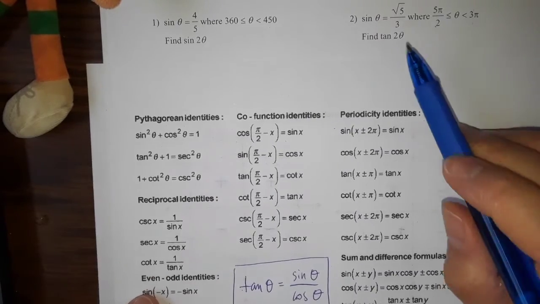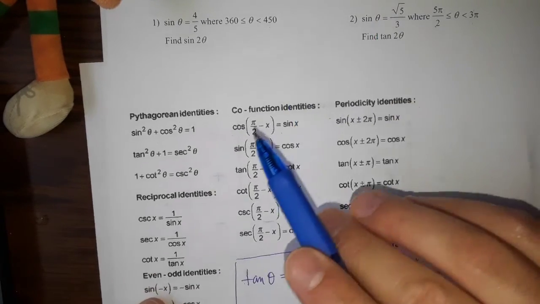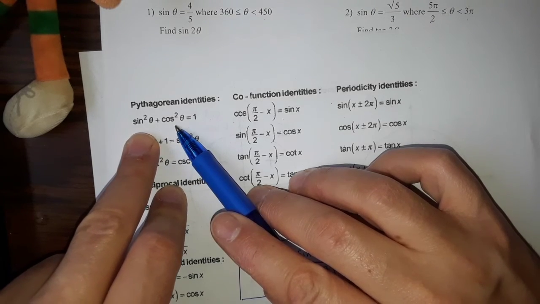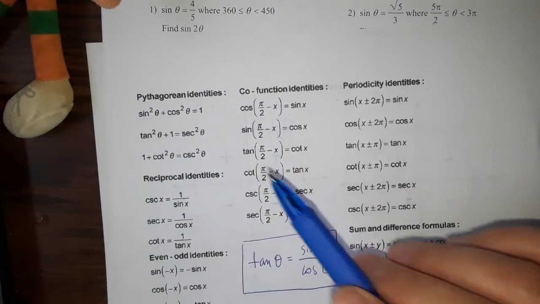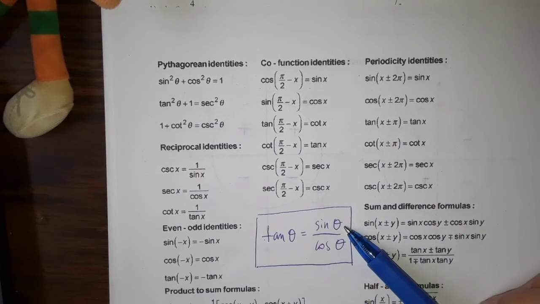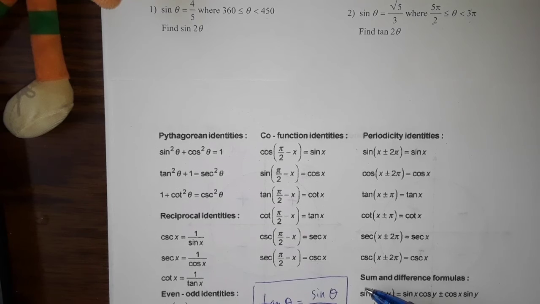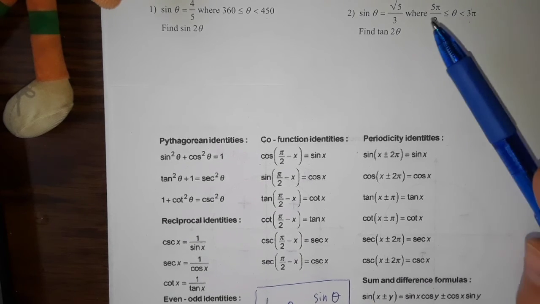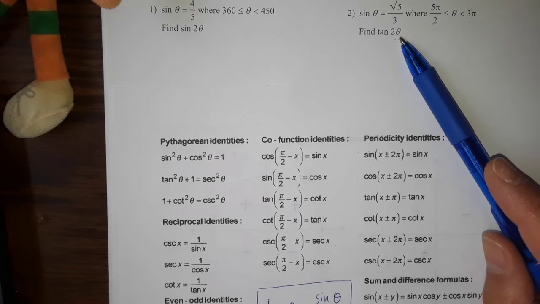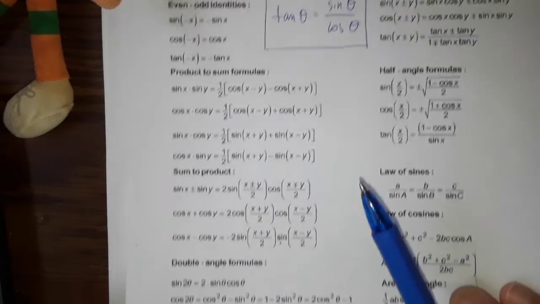Again, here we have sine of theta. Using this one here, we can find cosine of theta the way we did in the previous problem. And then having sine and cosine, you can find tangent using this equation. Once you have tangent, you can just compute tangent of 2 theta using this last formula here.